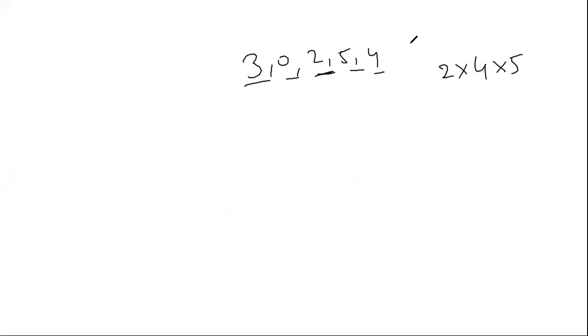Actually, let me change the order, 2 into 5 into 4. But the problem was, what if there is a 0? When there is a 0, then this will become 0 into 2 into 5 into 4. So here k was, for example, 4, and our answer was 0.